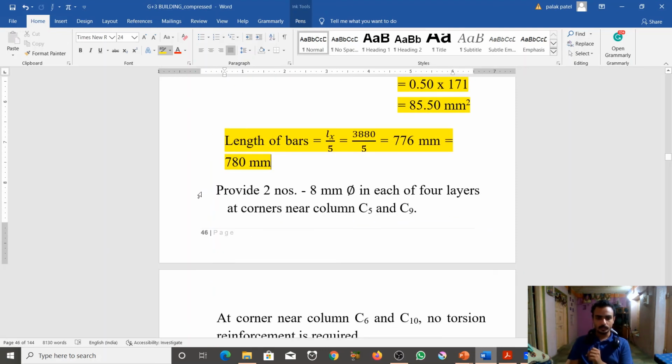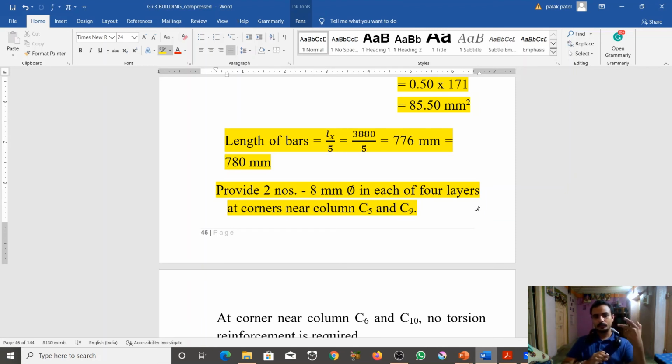So provide 8 mm diameter bars in 4 layers at corners near C5 and C9. The number of bars we find by capital Ast divided by small ast. The cross section area of an 8 mm diameter bar is 50 mm square.